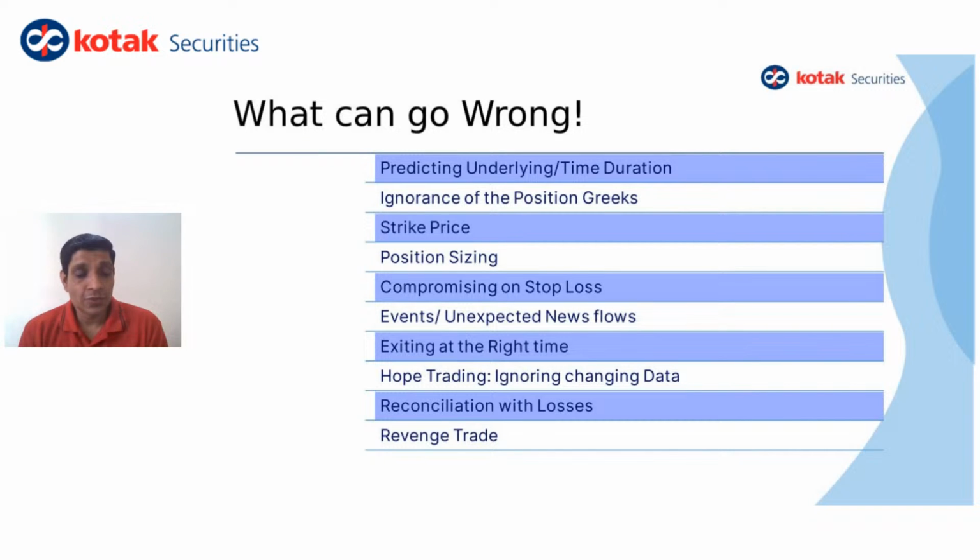So choosing the strike, we usually go with the ATMs or slightly ahead of the ATM, maybe 50 or a max of 100 points, because we know that the theta decay will be higher, and if the market does not move in your direction, the chances that the option would expire at zero is higher.